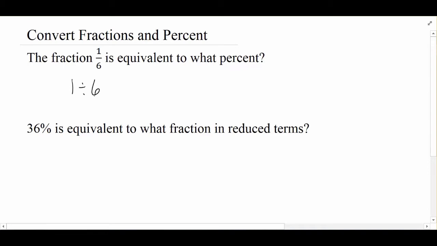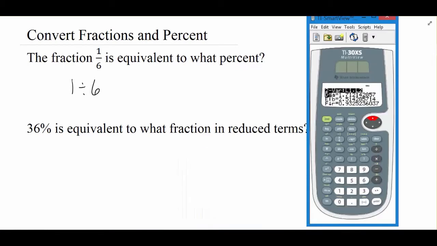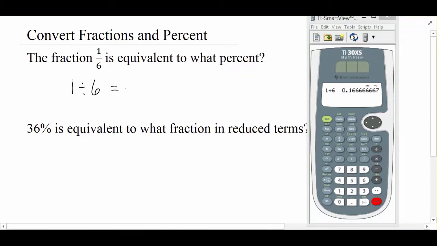And so if you get out your calculator and you do 1 divided by 6, then you get 0.1666666 repeating. So if I want to find out what percent that is, I'm going to move my decimal point 2 spots to the right, get 16.6, and at some point I need to round up to the 7. So it's 16.67%.